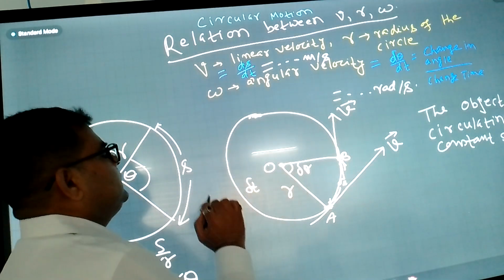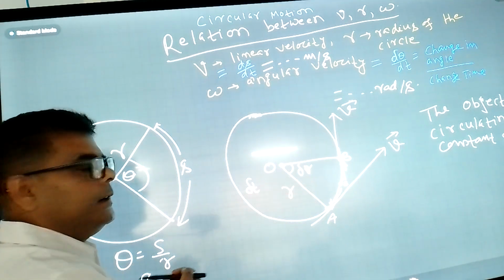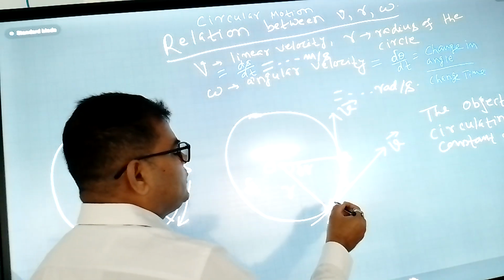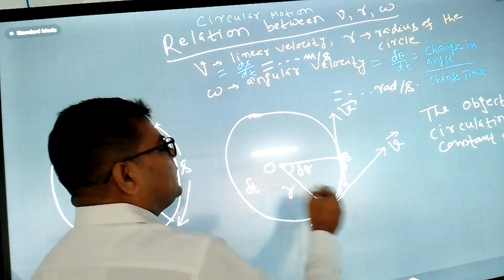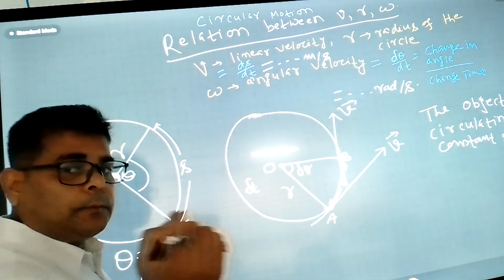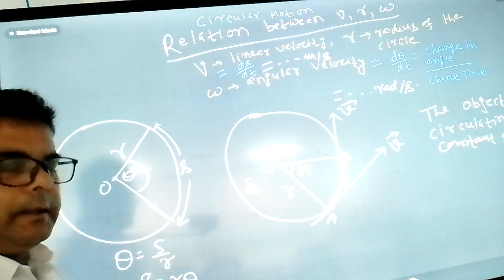In time delta t, the change in angle is del theta while the object goes from position A to position B, describing a very small arc length delta S.